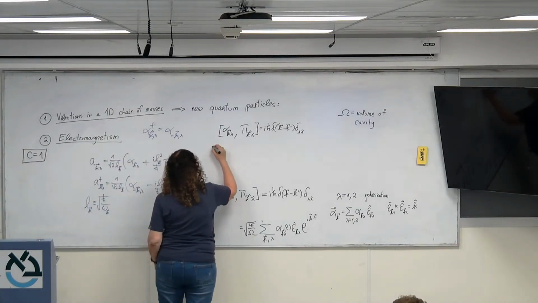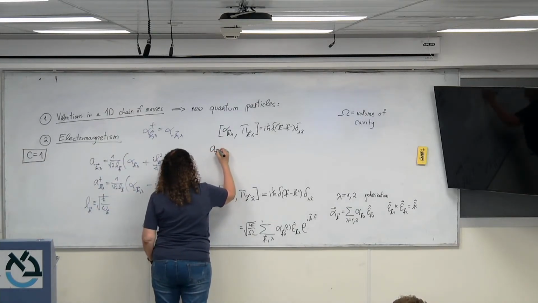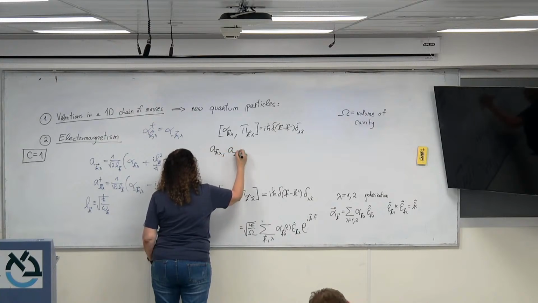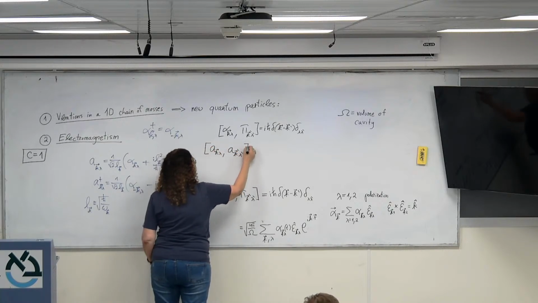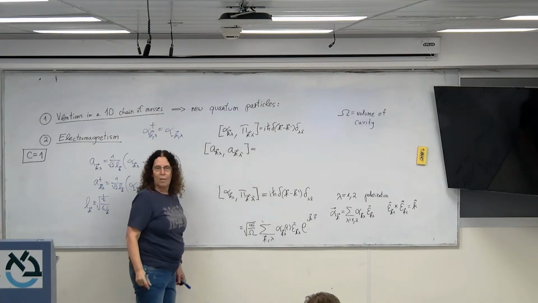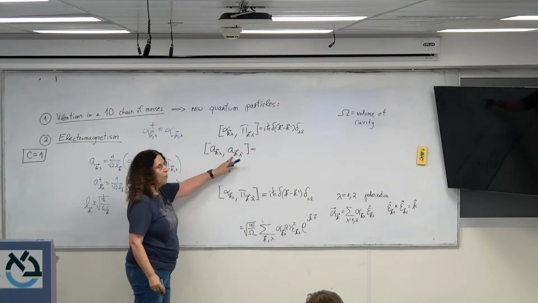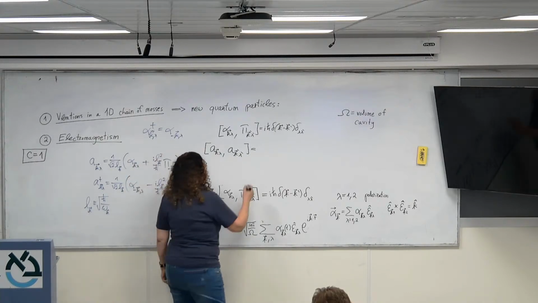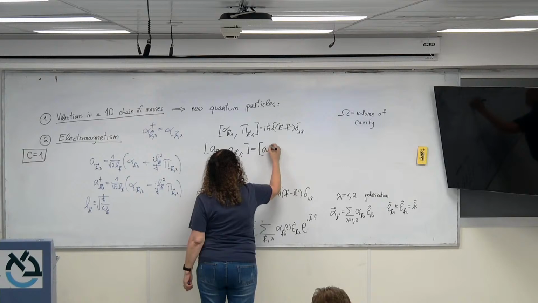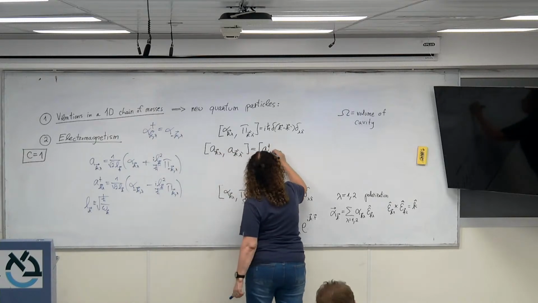First of all, you find that A_K lambda with any A_K prime lambda prime, this commutator, what is it? 1? No, both A, it's always 0. And of course, therefore, its dagger is also 0.